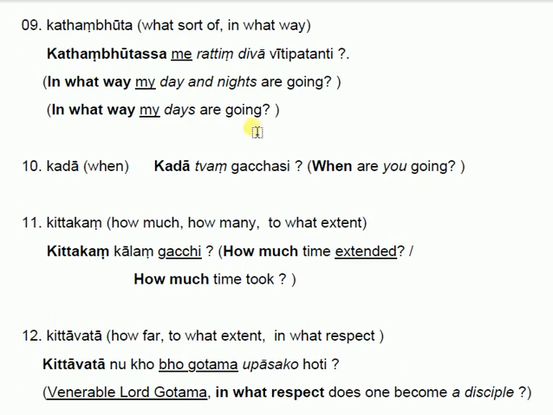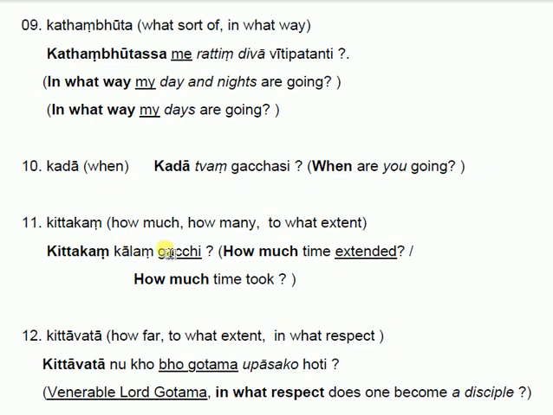Now number 10, kada, when. Kada tuang gachasi. When are you going? Tuang means you. Kada tuang gachasi. When are you going? And then kittakang. How much?